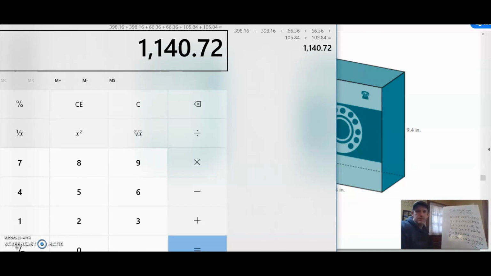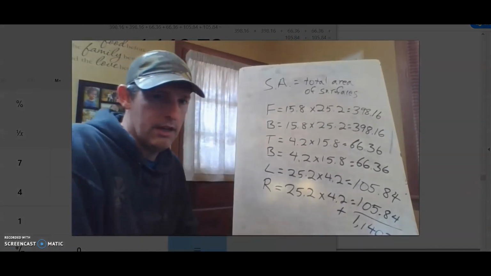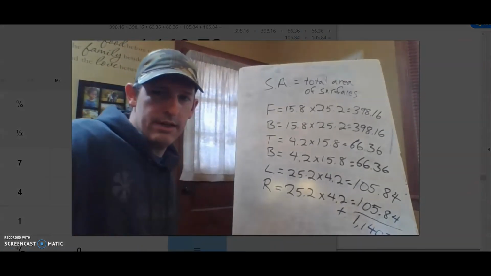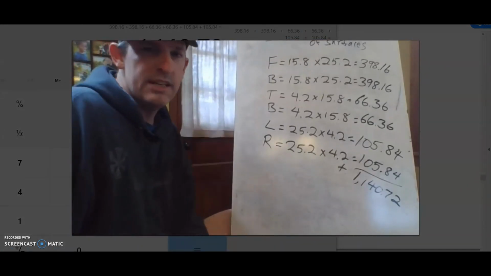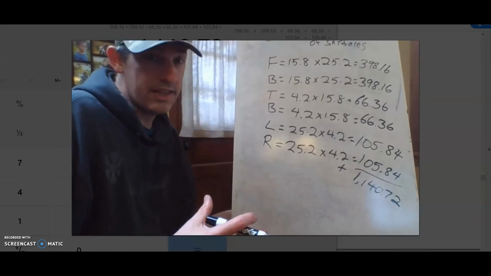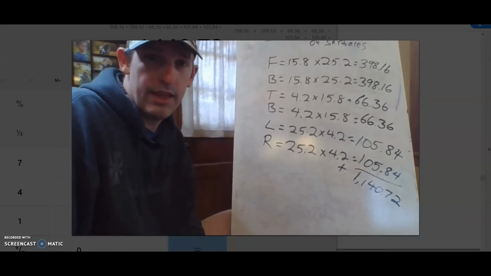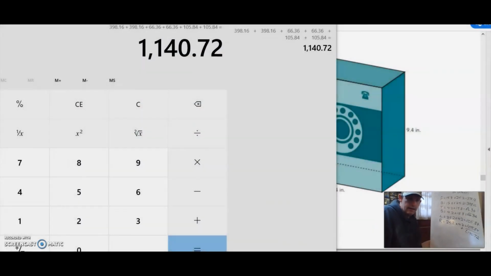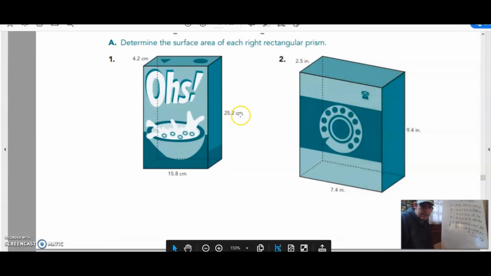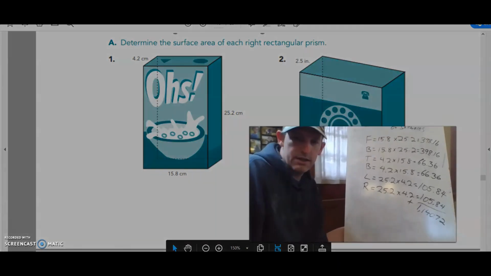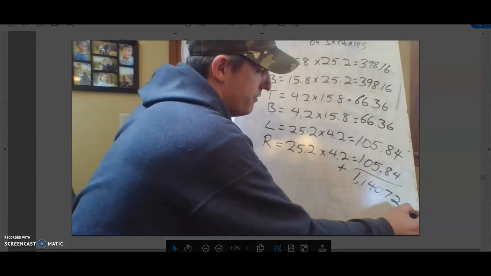We need to be thinking about our label. Fix the hat. Move the camera so you can see the answer. And what's the label? This is area, so it's going to be centimeters squared.